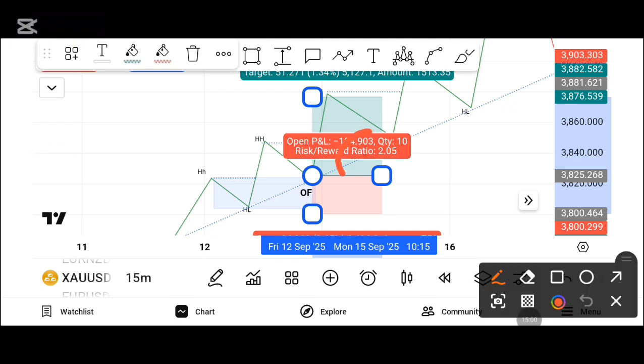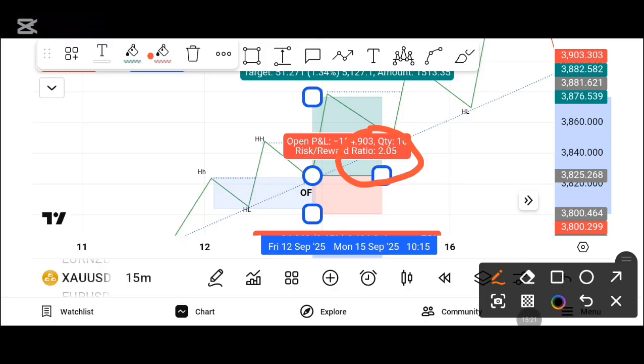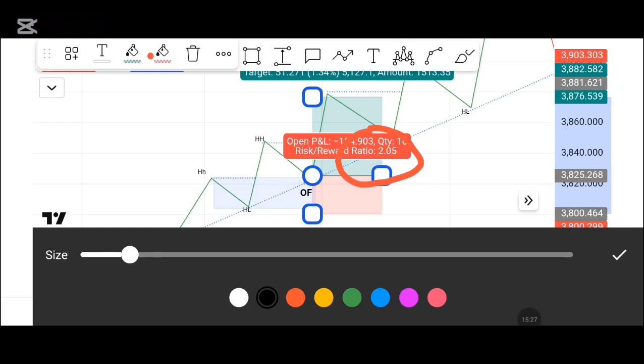Look at what I'm explaining here. Risk reward ratio. Trying to change this color.